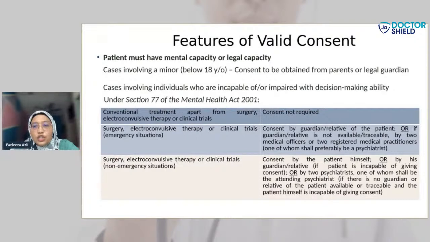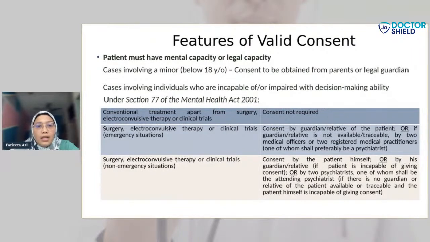Whereas for surgery, electroconvulsive therapy, or clinical trials in an emergency situation, consent by guardian or relative of the patient, or if guardian or relative is not available or traceable, consent basically can be given by two medical officers or two registered medical practitioners, one of whom shall preferably be a psychiatrist.